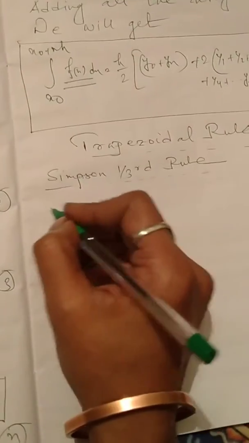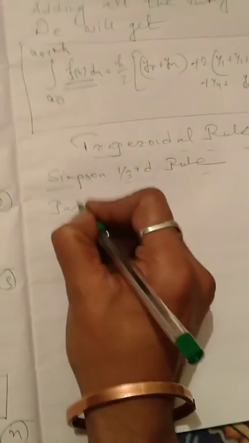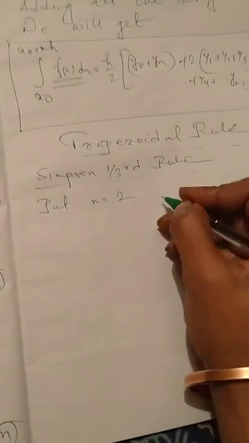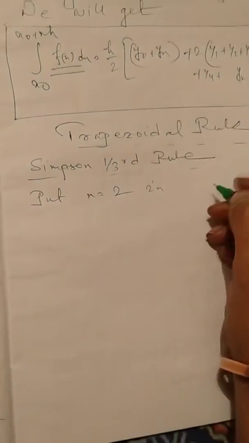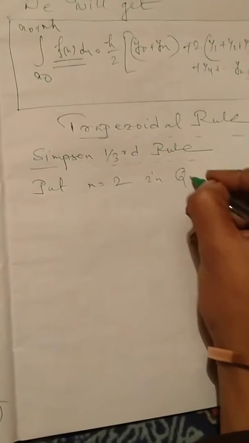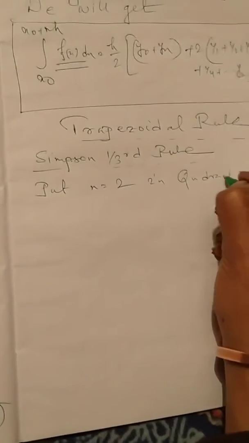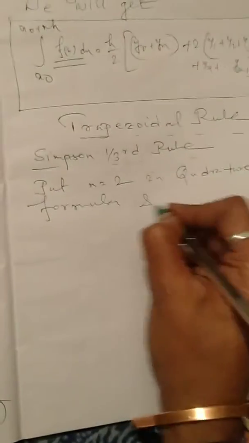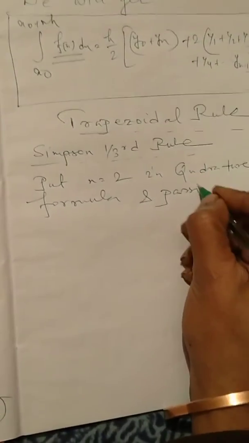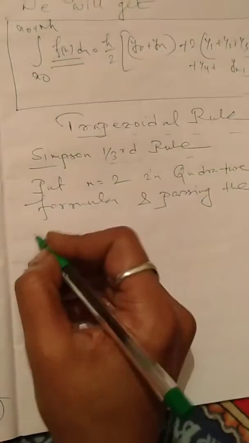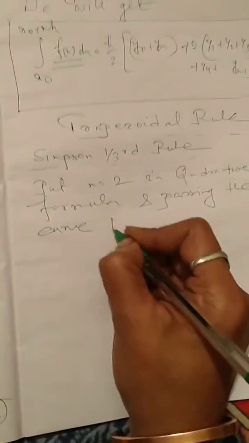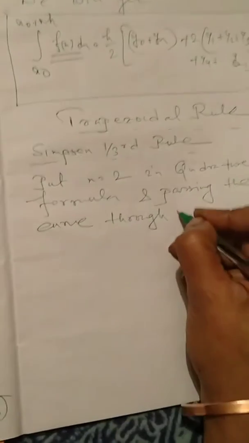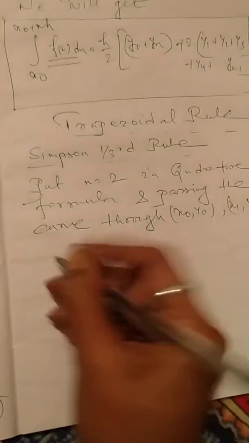We just put n equals 2 in the quadrature formula, passing the curve through (x0, y0), (x1, y1), (x2, y2).